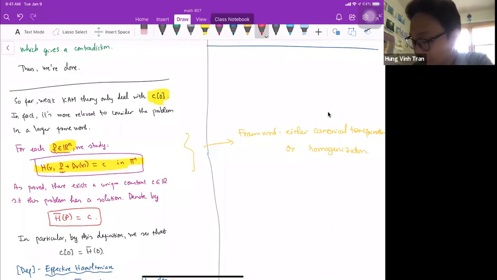So therefore, for each of the big P, the problem reads, normally it should be H of x, Dv equals to something, right? But I squeeze in a big P here, plus that. So naturally it should be equal to C depending on big P, right? Okay. Maybe in red.